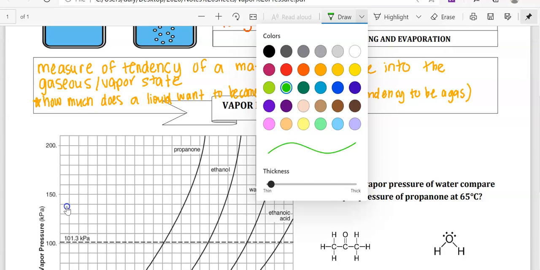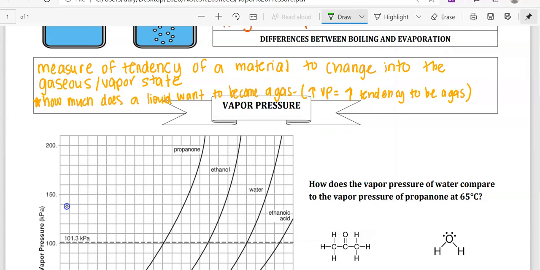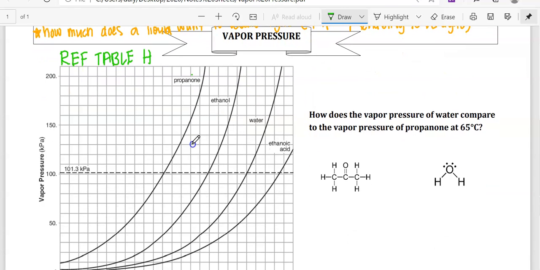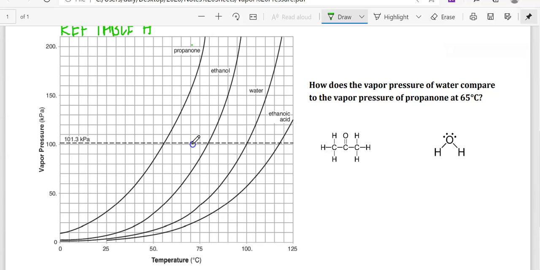Don't always just focus on the ones that I have on these notes sheets. This is reference table H, and it is called, I believe, the vapor pressure of 4 liquids.